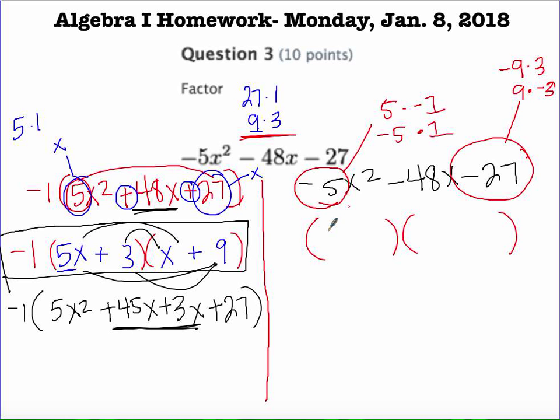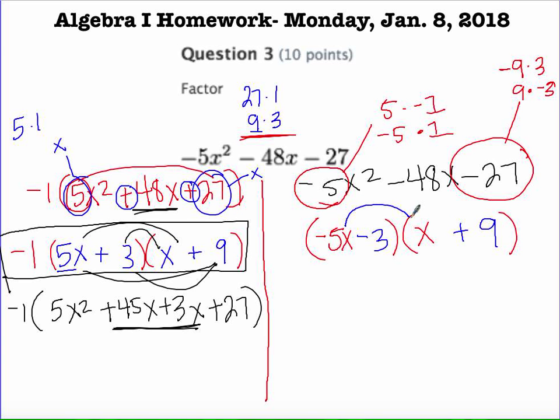So I'm going to try it with a -5x and a +1x. And then I'm going to try it with a +9 and a -3. So in order to check it out, I've got to FOIL it back out.